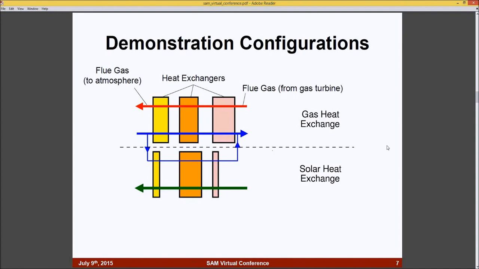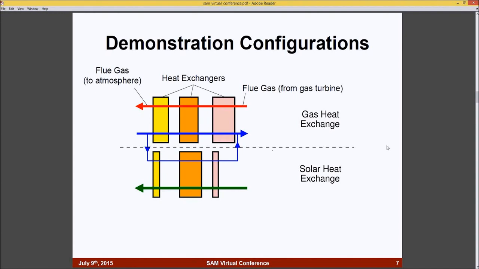Okay, so here are a couple demonstration configurations of what this heat exchange looks like, and this is what we're ultimately attempting to design in this system. So on the top, the red arrow is the flue gas that's going to be entering the gas side heat exchange, and it's going to come in from the gas turbine, run across a series of different heat exchangers that can be different sizes, different types, and in different arrangements.